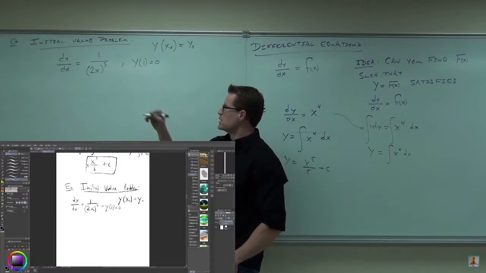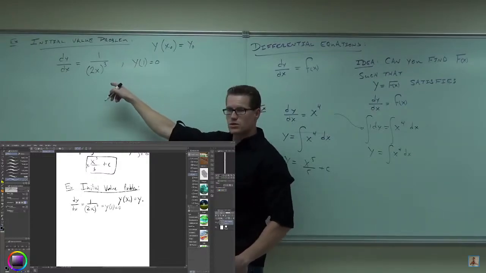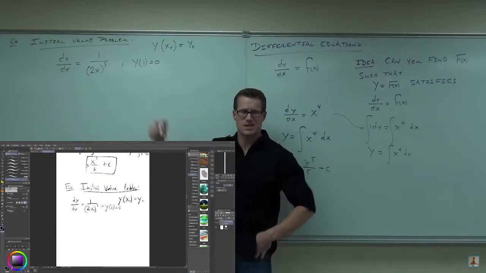That's what that says. So can you first undo the derivative? Secondly, can you use this to solve for c? That's the two parts of our problem.